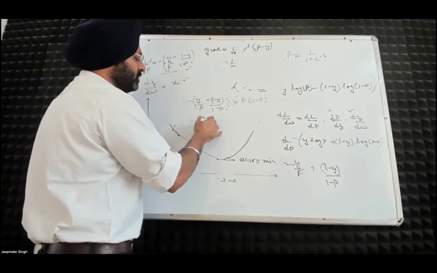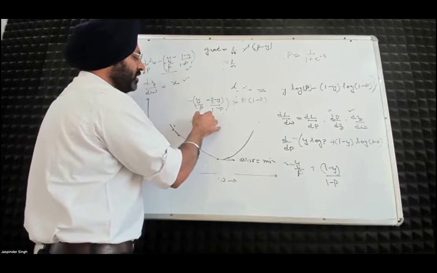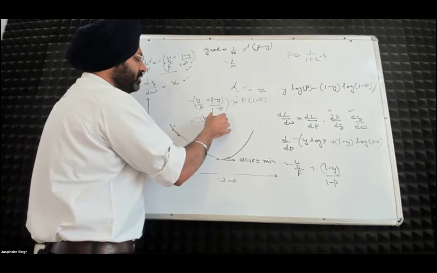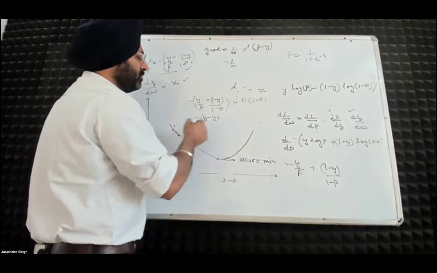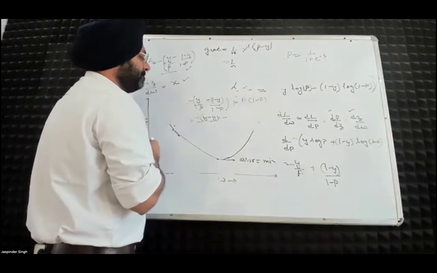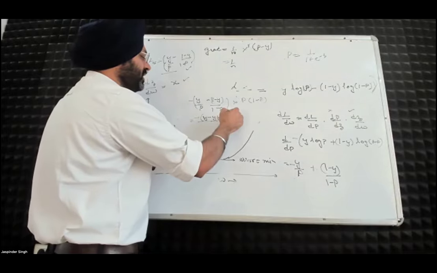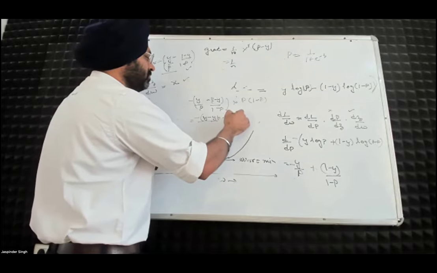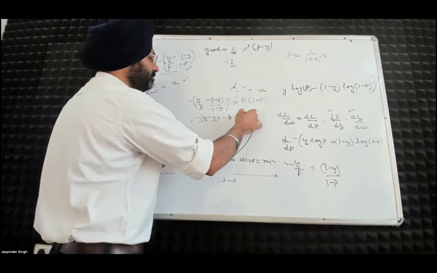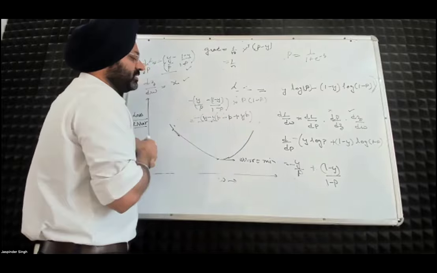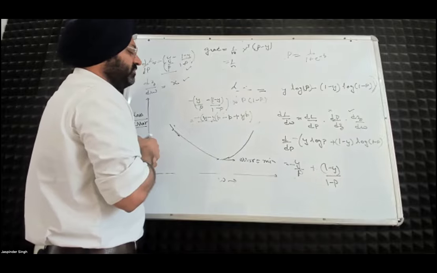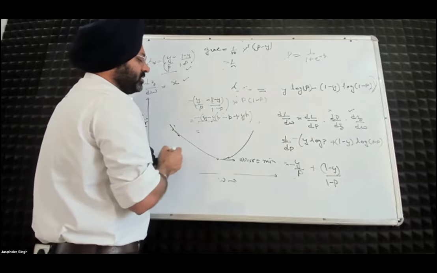So minus of y minus yp minus of p plus yp. Yp cancels, and I'm left with p minus 1.